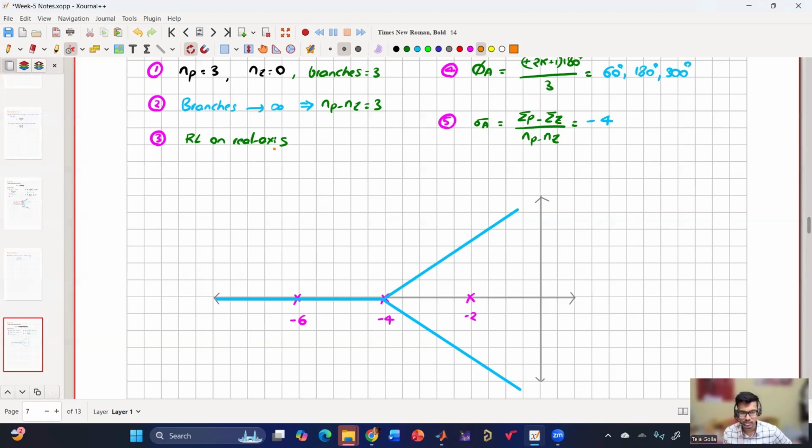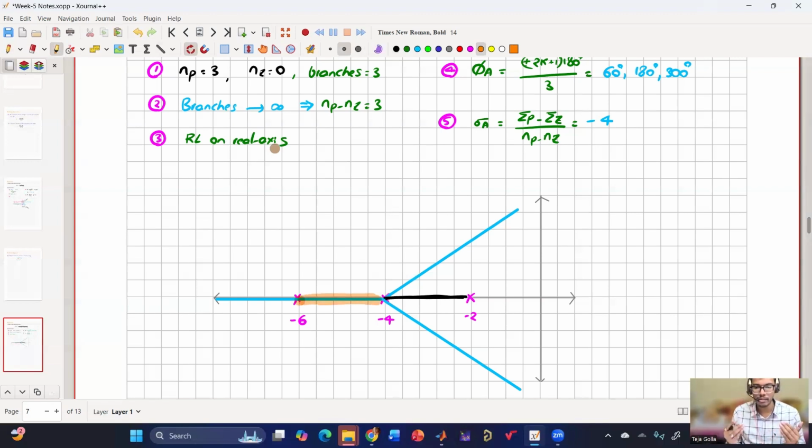Now in between -4 and -6, it also lies. So here we have root locus between -2 and -4. Okay. So between -4 and -6 also, do we have it in this region?